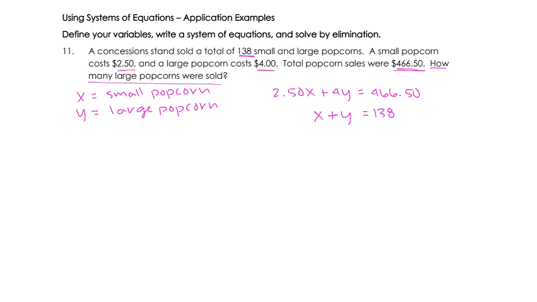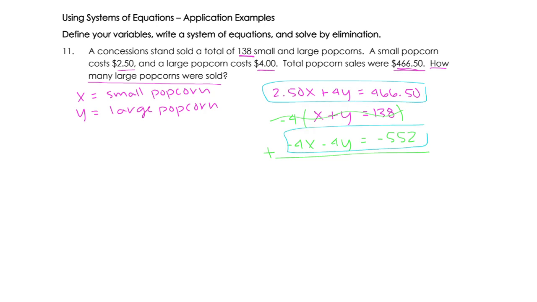So when I'm trying to solve this by elimination, again, I need opposite coefficients. So I would rather not do anything with that 2.50. I'd rather not multiply by a decimal. So I'm going to go ahead and make this bottom y become a negative 4y so that it cancels out with the top 4y. So when I do that, I have negative 4x minus 4y equals negative 4 times 138 would be negative 552. So if I draw my line and add those together here, I would be adding the top equation and the bottom equation.